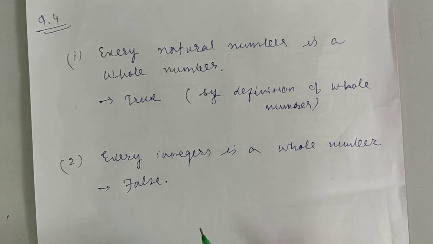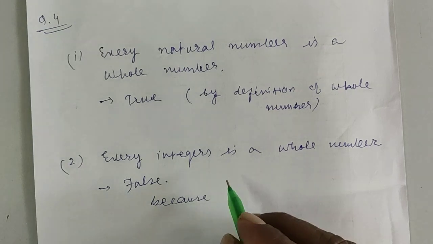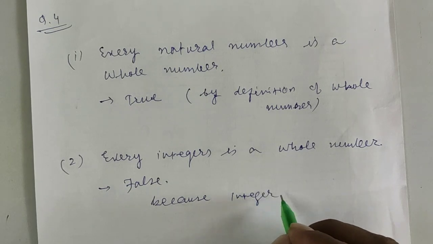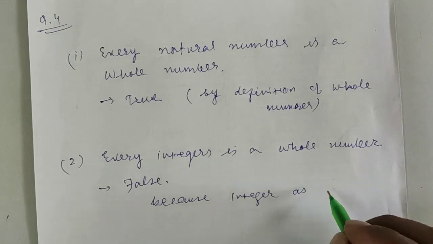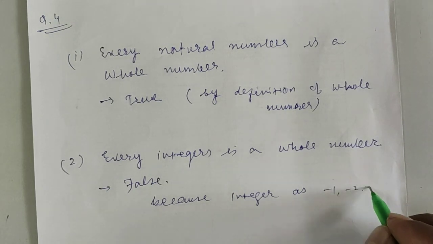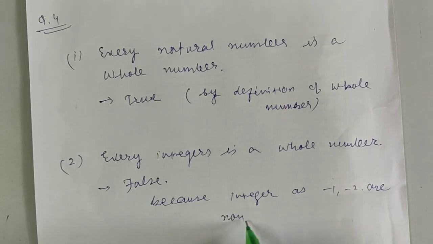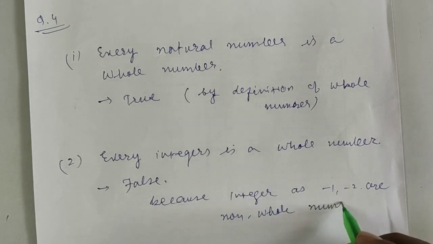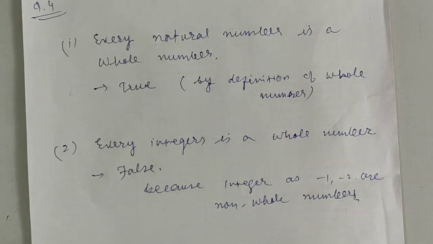Because integers include minus 1, minus 2, which are non-whole numbers. So every integer is not a whole number. This statement is false, right?